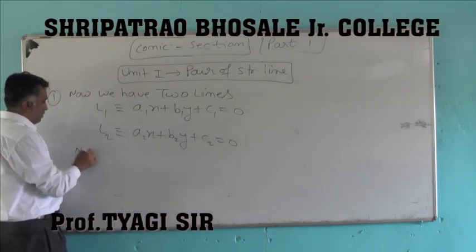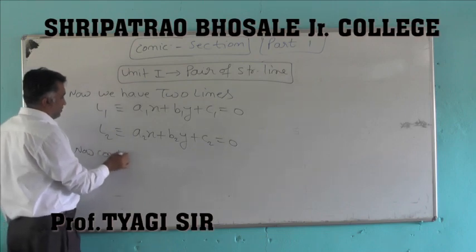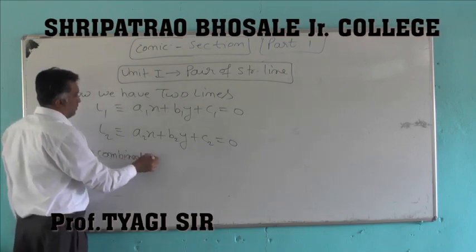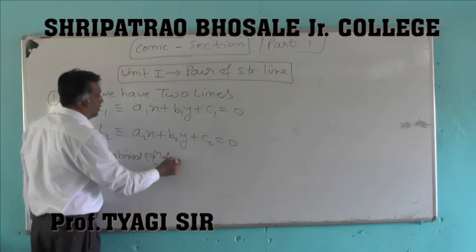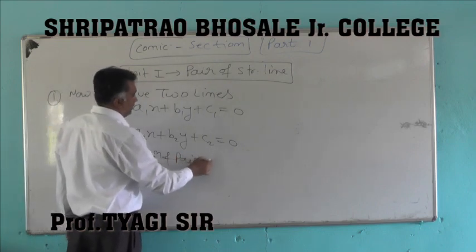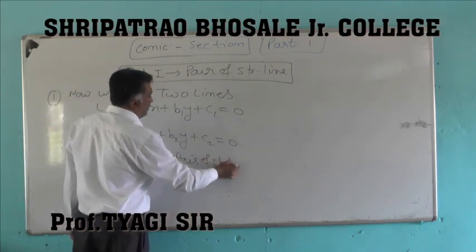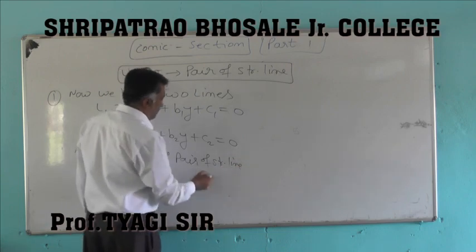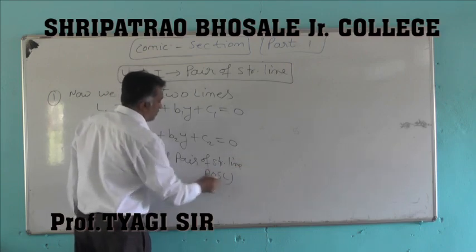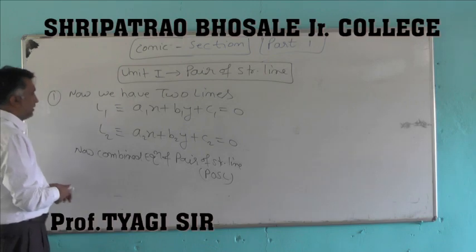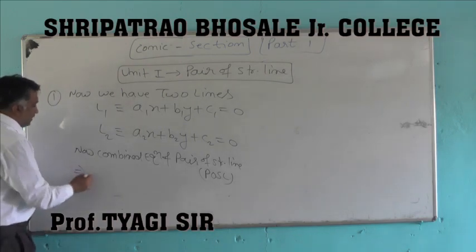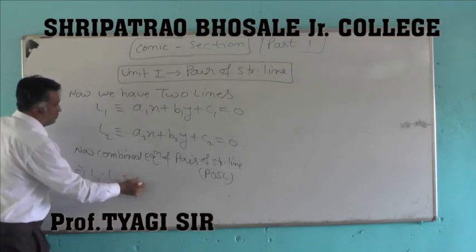Now, the combined equation of pair of straight lines. In shortcut we can write POSL will be L1 into L2 equal to 0.